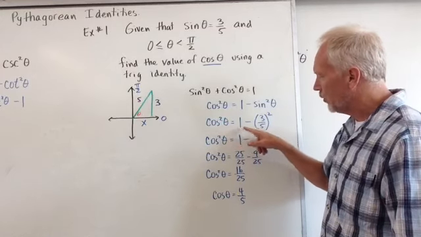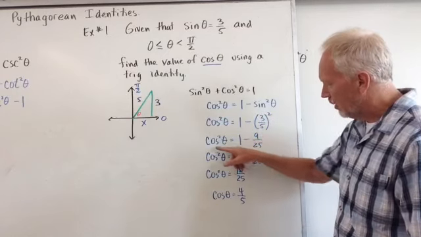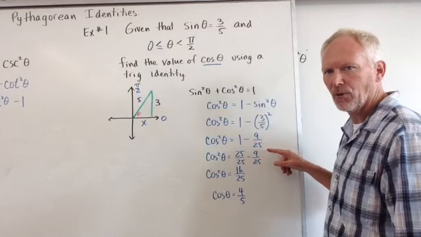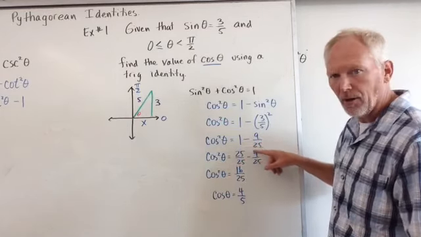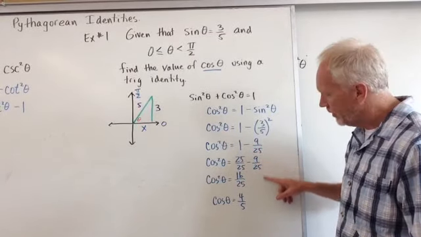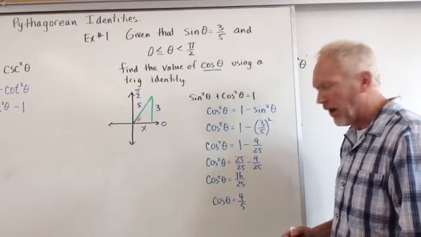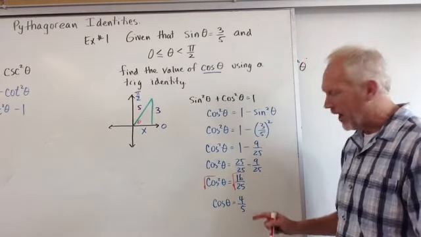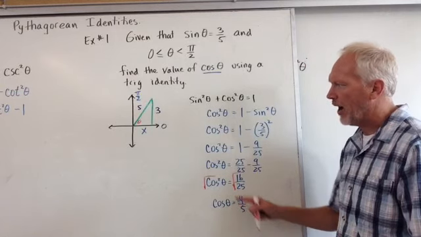So cosine squared of theta equals 1 minus 3 over 5 squared. Square those two numbers. You get cosine squared of theta is equal to 1 minus 9 over 25. With a common denominator, 25 over 25 minus 9 over 25. Cosine squared then is equal to 16 over 25. I will take the principal root of both, and we get cosine of theta is equal to 4 over 5.